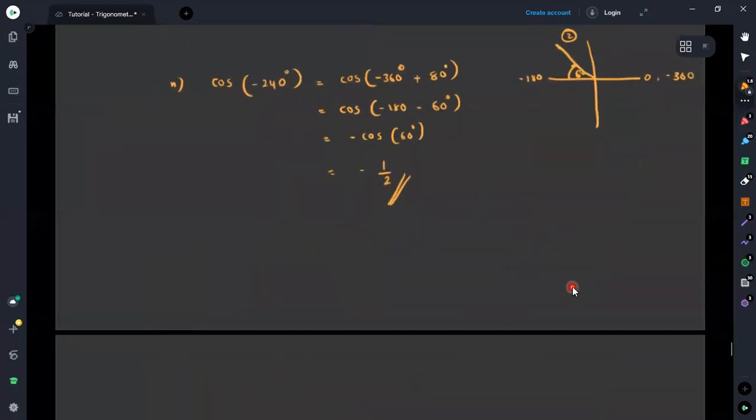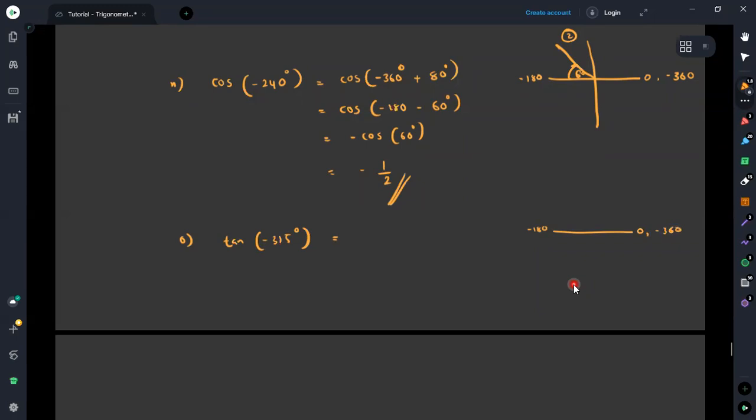Apart from this, I will take this as the next example, example O, which is tangent of minus 315 degrees. Here, for tangent minus 315, if you measure this, then we have minus 360.